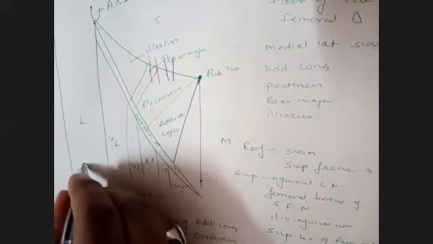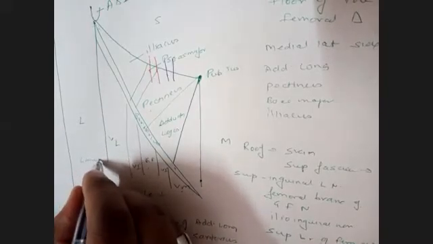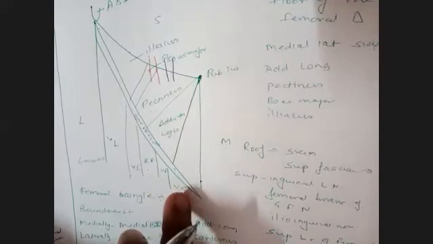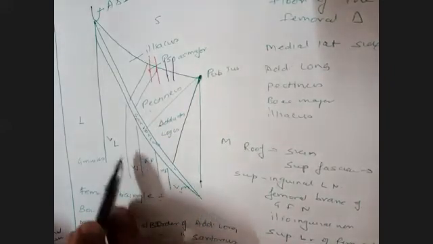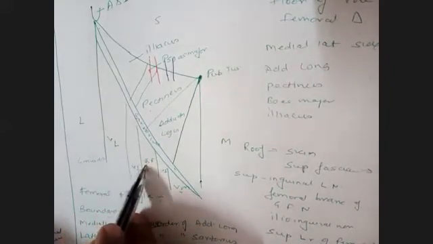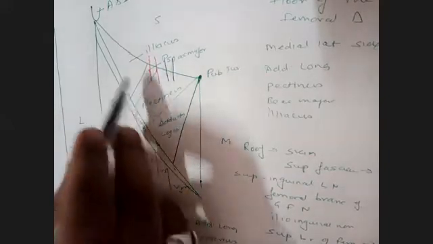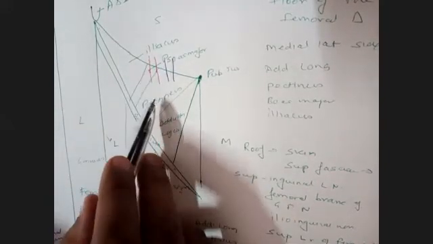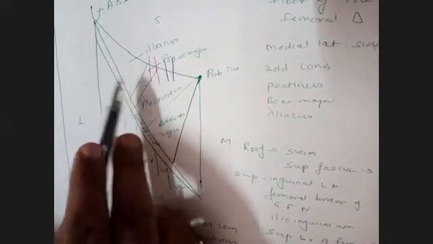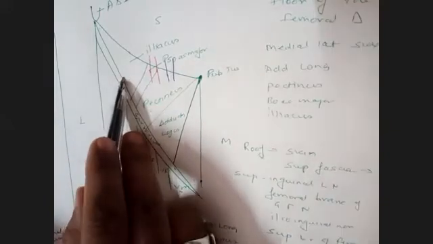So there are four muscles below the sartorius: vastus medialis, vastus intermedius, vastus lateralis, and rectus femoris. Four muscles above the sartorius: adductor longus, pectineus, psoas major and iliacus.